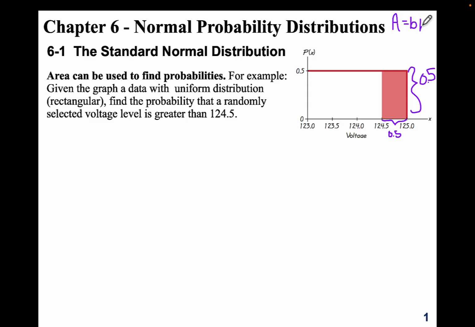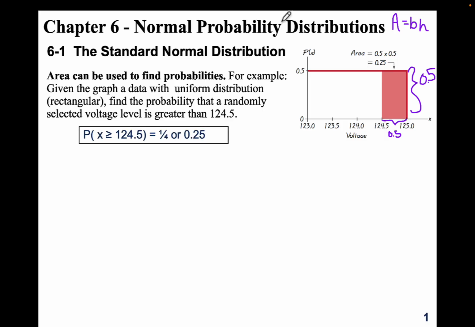So we'll do 0.5 times 0.5. 0.5 times 0.5 is 0.25, and that means that the probability, P, that one randomly selected voltage level, were these batteries, is greater than or equal to 124.5, we close our parentheses, is equivalent to the area that we found, 0.25, which can also be written as 1/4.